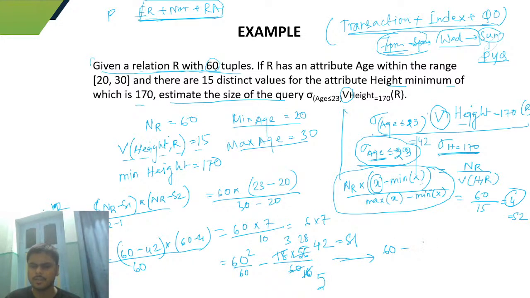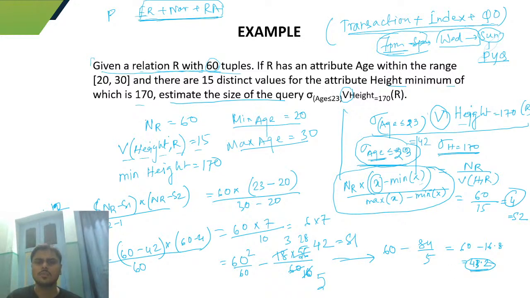So this is nothing but 28 into 3 is 84, by 5. So it's nothing but 60 minus 16.8, right? So it is nothing but 41.2. I'm sorry, it is actually 43.2. So this is your size.